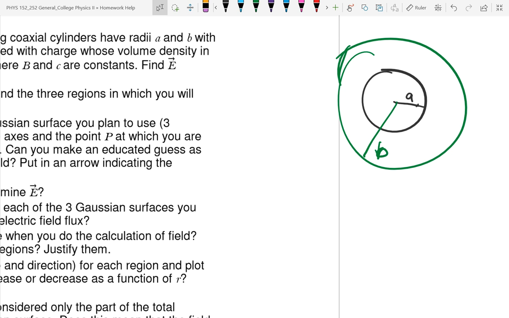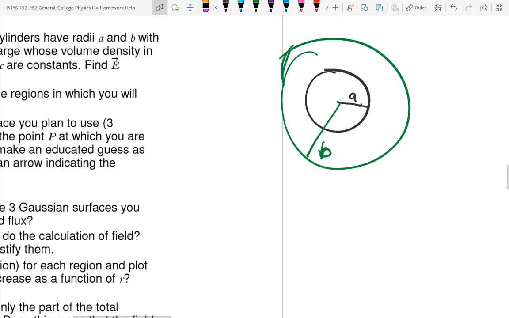Looking down the cylinder axis, what shape matches my symmetry? Circle. So my Gaussian surface is going to be looking at in this direction, a circle. Looking out from the side, it's going to have to be a cylinder. So I'm going to use a cylindrical Gaussian surface.